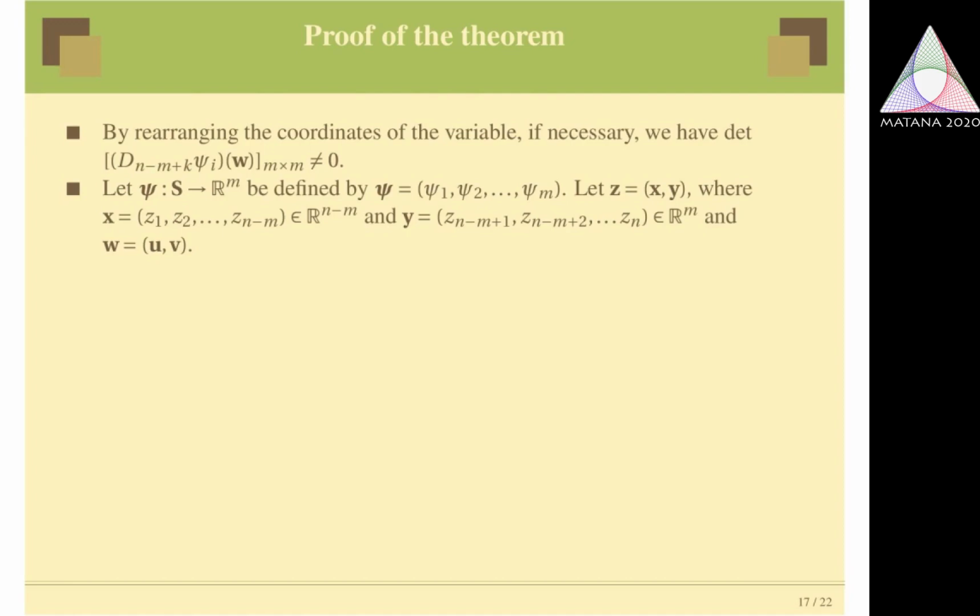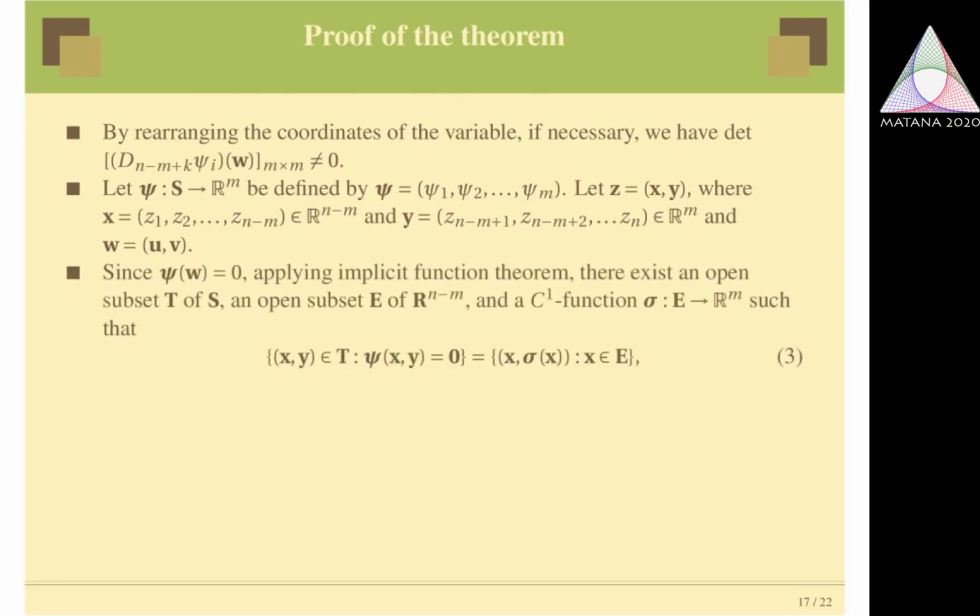We write the n-tuple z = (z1, z2, ..., zn) as the ordered pair (x, y), where x has the first n minus m coordinates of z and y has the last m coordinates of z. Similarly, the vector w is also denoted by the ordered pair (u, v), where u has the first n minus m coordinates of w and v has the last m coordinates of w.